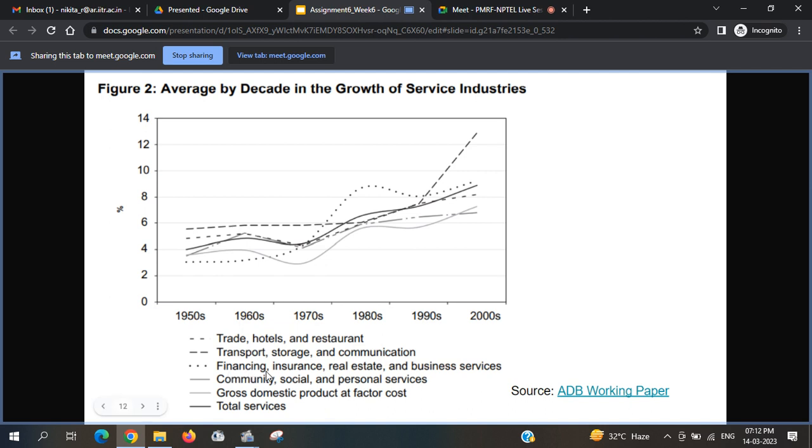You can also see the growth of financing, insurance, real estate and business services over time, and community, social and personal services, and then the growth of total gross domestic product at factor cost. All these figures you can find in this link.